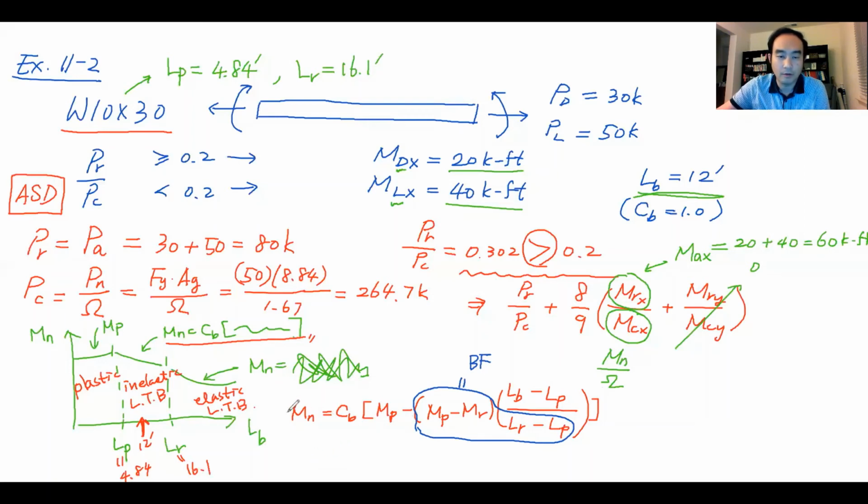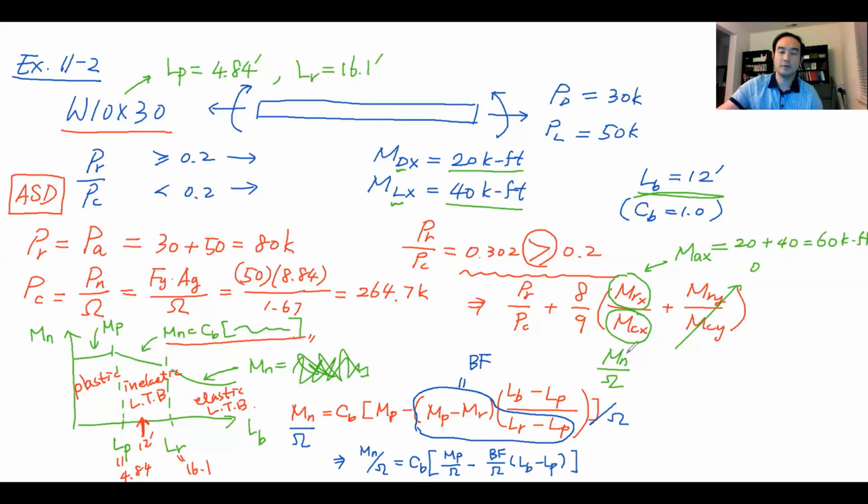Then our equation with the factor, so for using ASD, it's going to be M n over omega, then we have to divide everything by omega, right? So the value M n over omega will be equal to C sub B, that's the coefficient, times M P over omega minus B F over omega times L B minus L P, right?